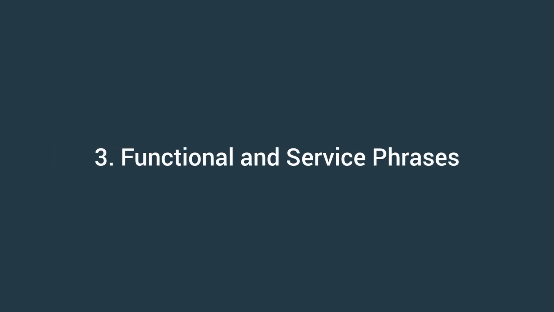The third thing that you have to practice with your child is functional and service phrases. Let's talk about functional phrases first. Functional phrases are descriptive phrases that you want your child to say in a particular scenario. For example, for greeting, you can practice "Hi, how are you?" or "Nice to meet you." For food, you can practice "Oh, it's so yummy."